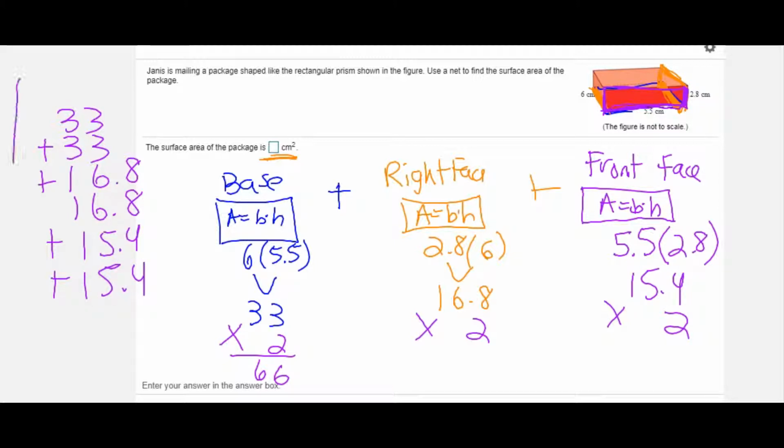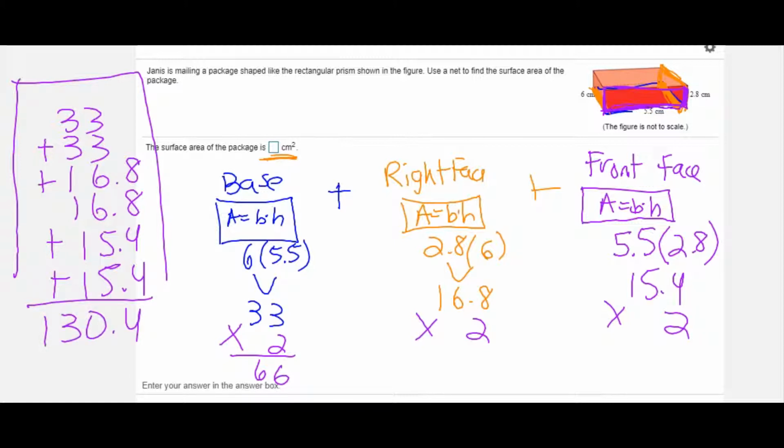If we write it out, we can see that we're not missing any of our faces, versus having to remember, did I multiply by 2? So it may be better to just write it out. Once we add all of that up, we should get the exact same answer that we had before, which was 130 and 4/10 centimeters squared, because area is two-dimensional, so it's centimeters times centimeters, and that's how you end up with centimeters squared.